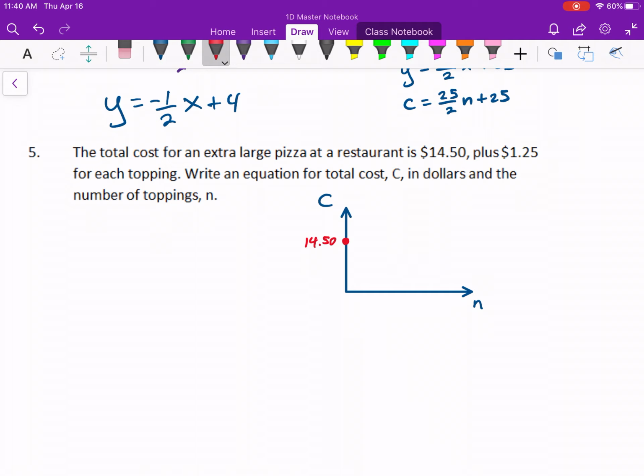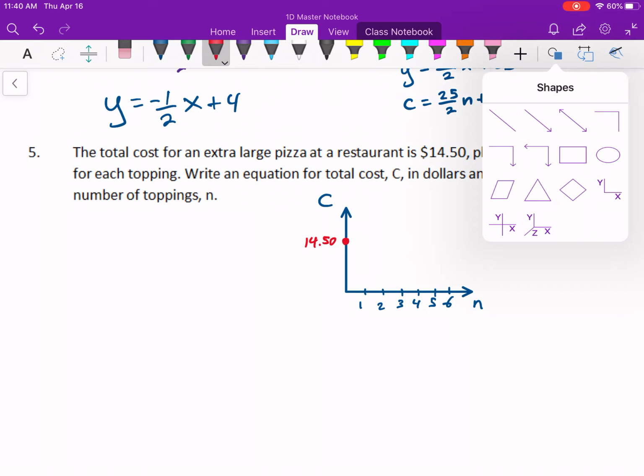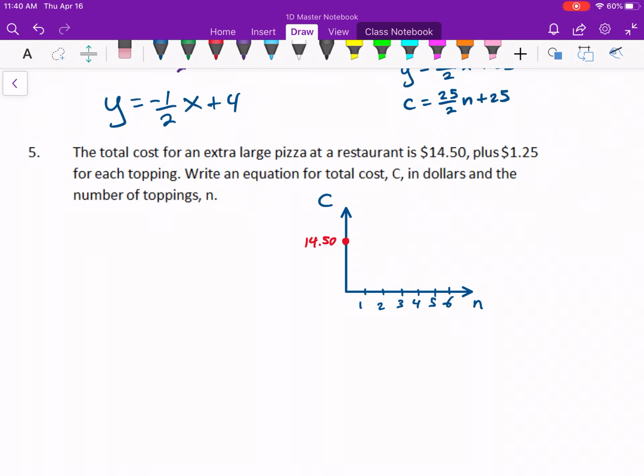But then every topping I add is going to make the price go up by $1.25, right? Sorry, that should be number of toppings down there, not price. 1, 2, 3, 4, etc. And again, this is just a sketch, so it's not meant to be exact, but it'll just give you an idea. The graph will look something like this.